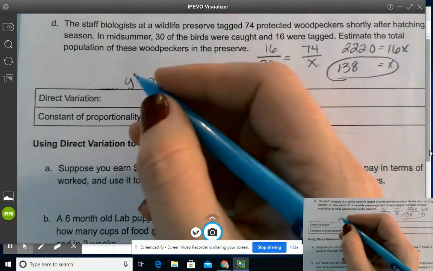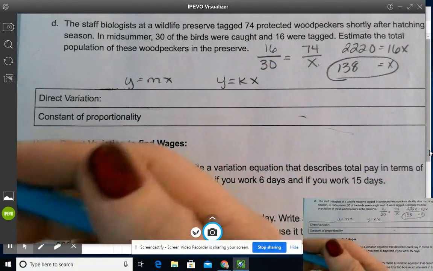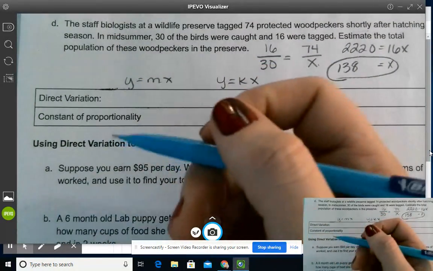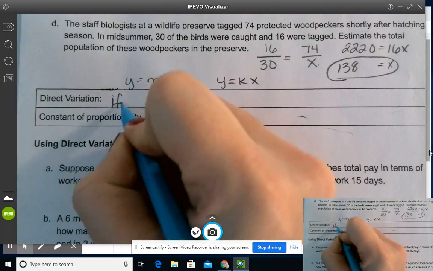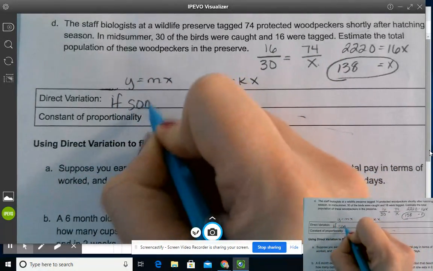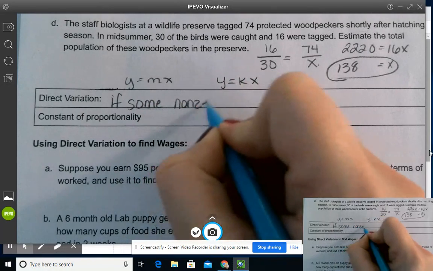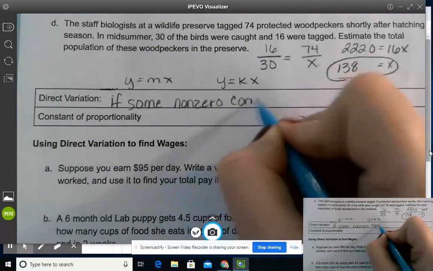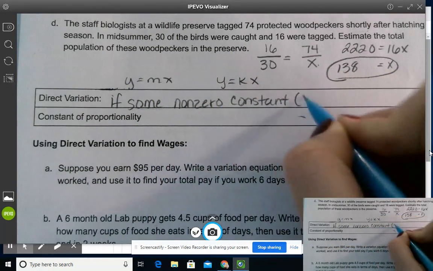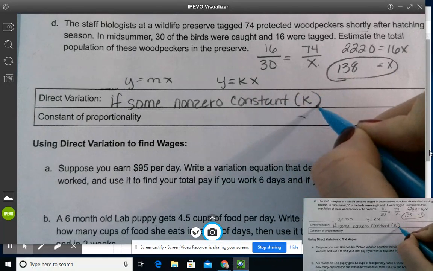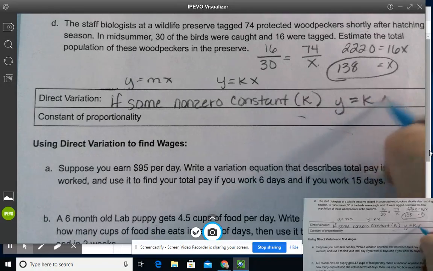So direct variation: a quantity y is said to vary directly with x if some non-zero, and this is math talk, non-zero constant, which they represent as k, is paired in an equation that looks like this.